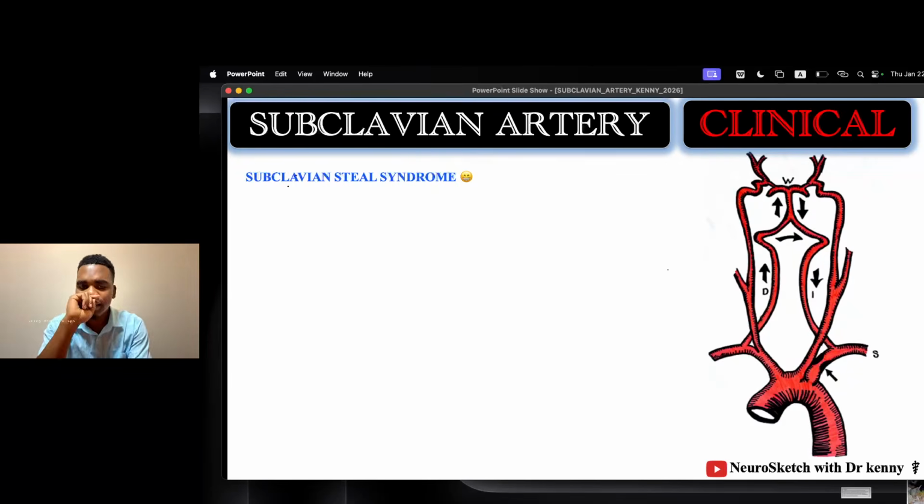What is so important is, if you have obstruction of the subclavian artery before it gives rise to the vertebral artery, what happens is that distal to the obstruction the pressure goes down, and because the pressure goes down, blood comes from the brain, from the circle of Willis, into these subclavian arteries to supply the upper limb.